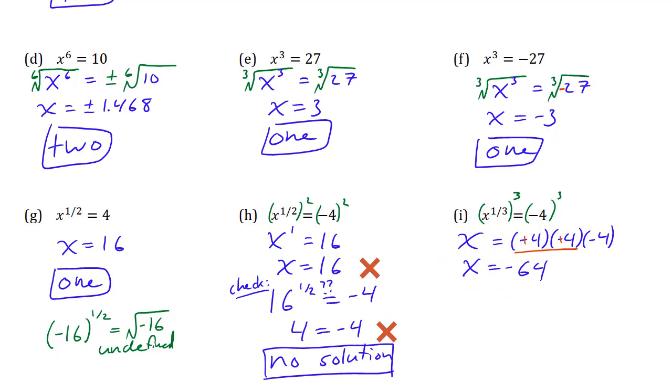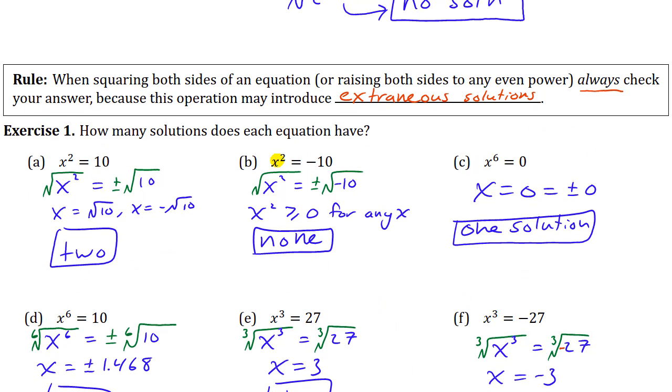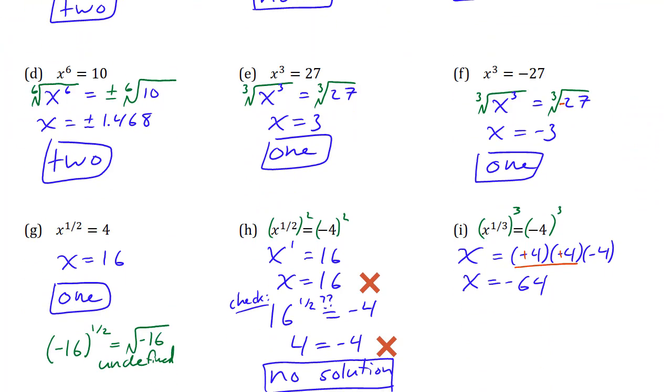64. And let's check that because we might have introduced extraneous solutions. Remember, that's what this rule says. Whenever you square both sides of an equation or raise both sides to any even power, always check your answer. Well, we didn't do an even power, we did an odd power, but let's just see what happens if we check this.